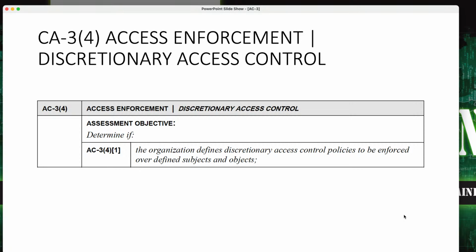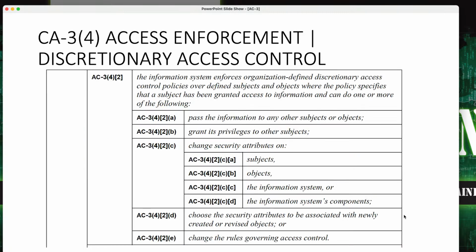So here it is. The assessment objective: determine if the organization defines discretionary access control policies to be enforced over the defined subjects and objects. And then the information system enforces the organizationally defined discretionary access control policies over the defined subjects and objects, where the policy specifies that a subject has been granted access to the information and can do one or more of the following.